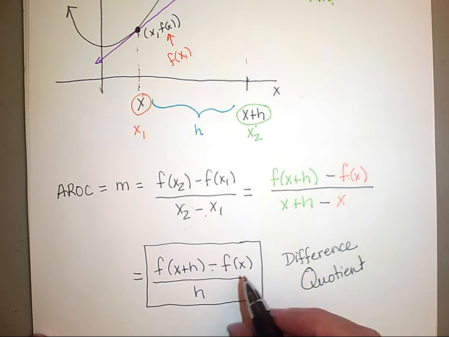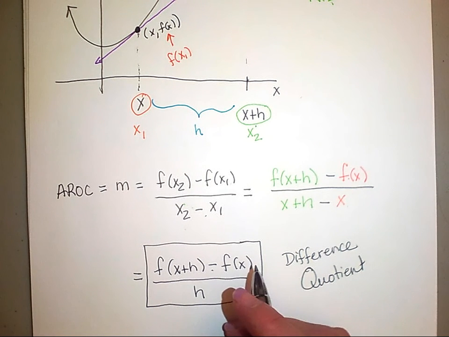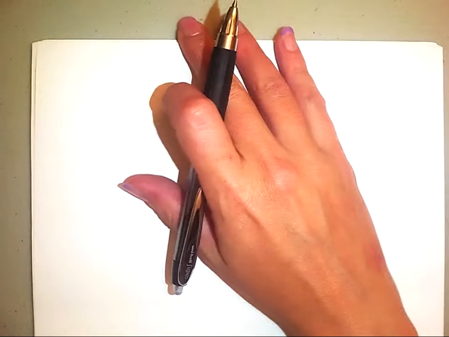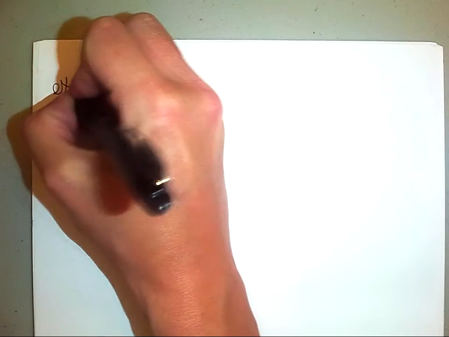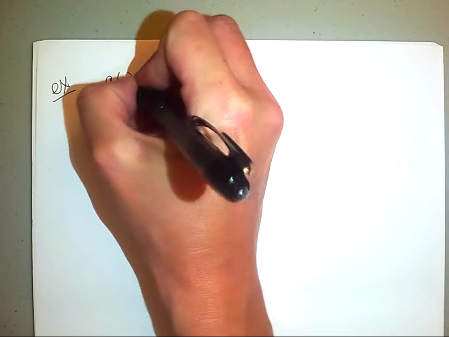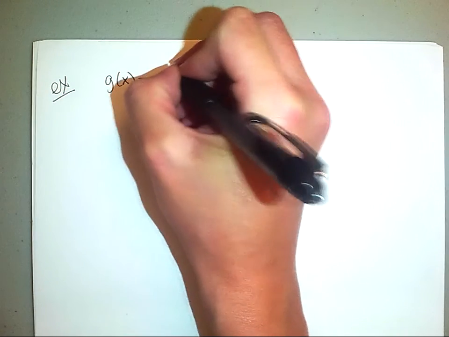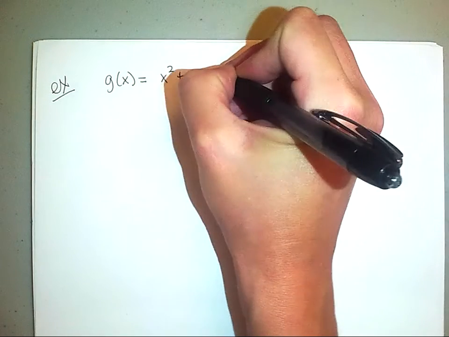We did some work with it last time. This is what is known as your difference quotient. A difference because there's a subtraction, and then the quotient, because there's a division. So let's try and work with this difference quotient specifically.